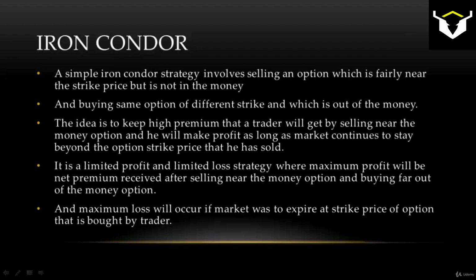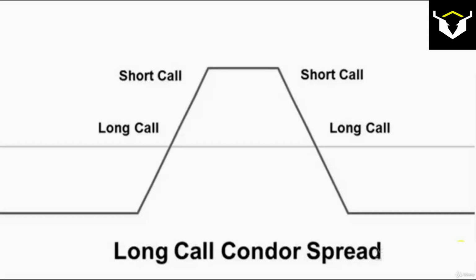So an iron condor helps a trader take advantage of a consolidating stock, or a stock that has found resistance or an upper cap. Even if the stock does not fall down, even if the stock continues to stay in a trading range, as long as his short option continues to stay out of the money, the trader will continue to make profit.